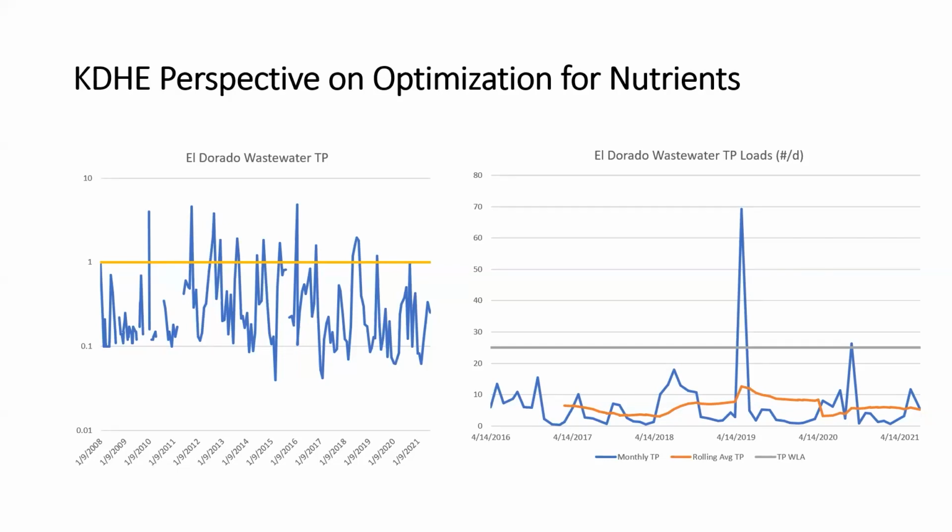We have certainly pushed our mechanical plants to start looking at reduction since 2004. Early efforts basically were capital investments for biological nutrient removal, and we had a number of plants adopt that technology.